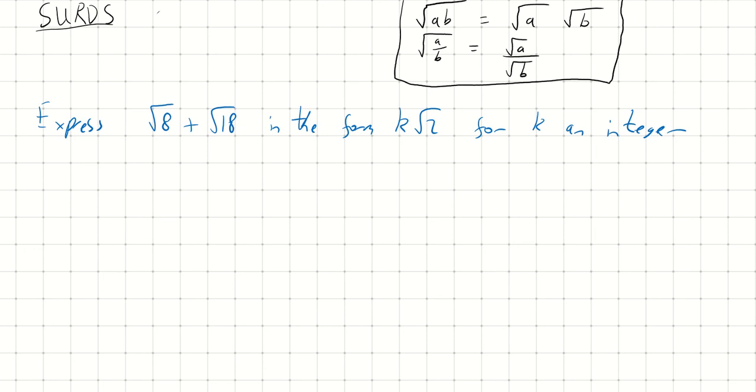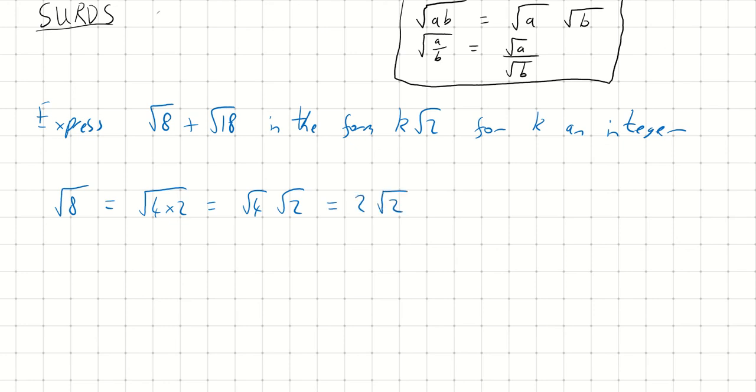What this means is we're going to use surd rules to rewrite root 8 plus root 18 in the form k root 2, so we want everything in terms of root 2. Root 8, because 8 is 4 times 2, is root 4 times 2, which is root 4 root 2. Since root 4 is just 2, this is 2 root 2.